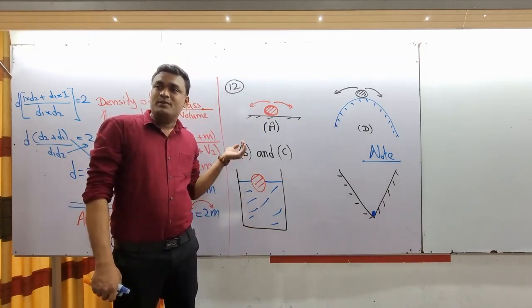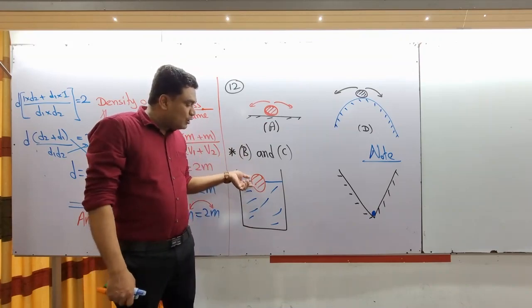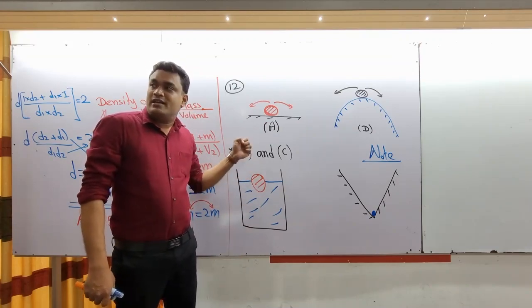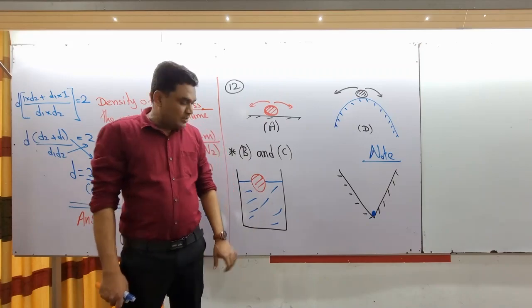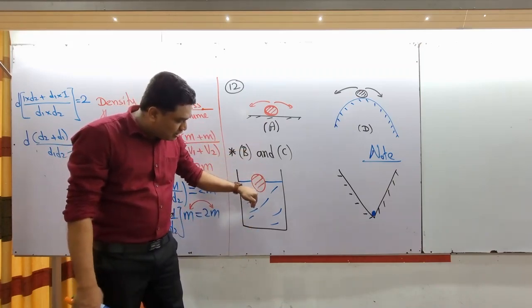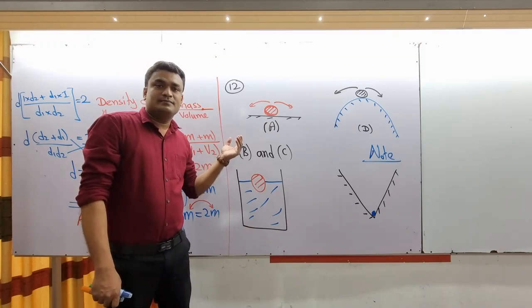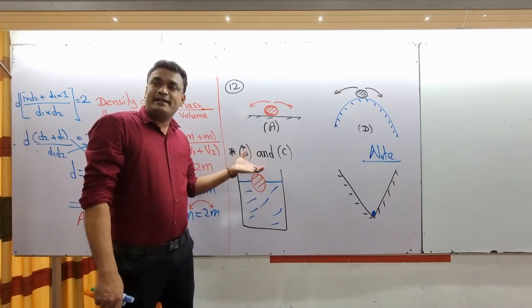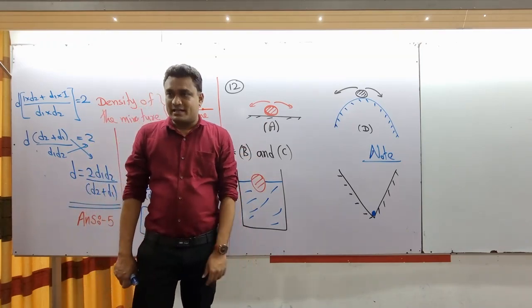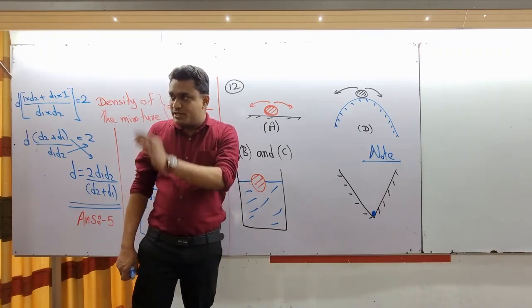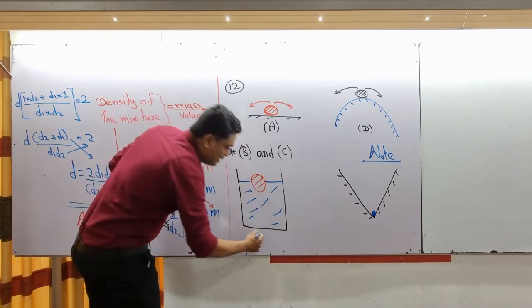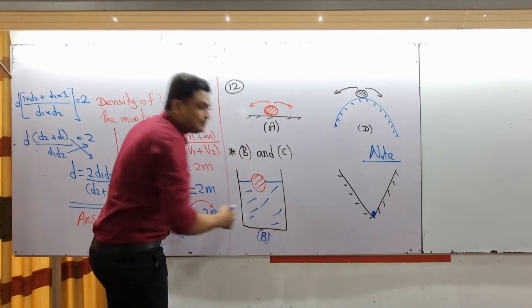It always comes up. If you give a small displacement upward, due to gravity, it falls down. So if you push it down, it will come back. If you pull it up and release, it will fall back. So the object will always come back to its initial position.